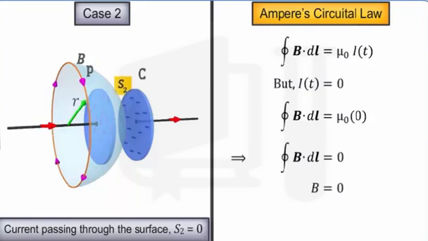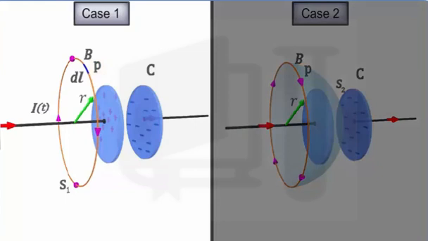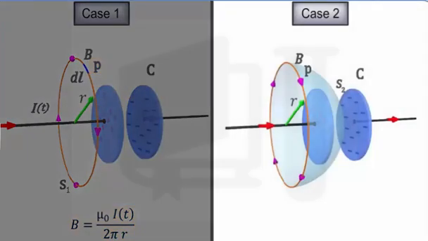Thus, Ampere's circuital law gives two different results at the same point P. In the first case, the magnetic induction at point P, B, is equal to mu naught I(t) by 2 pi r. In the second case, the magnetic induction is 0 at the same point, which is a contradiction. This contradiction arises with the use of Ampere's law, which must be missing some term.